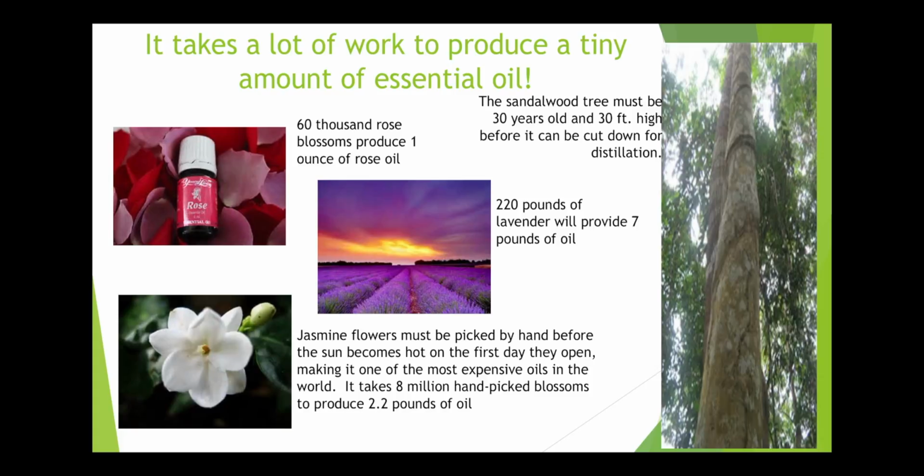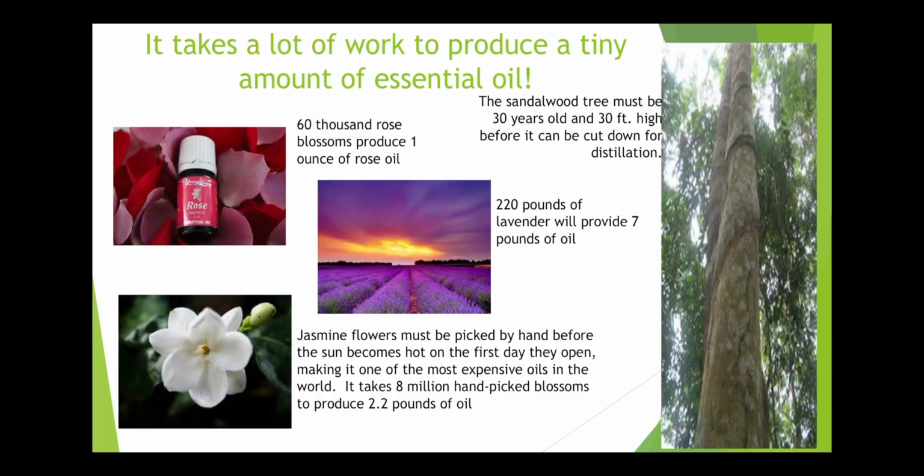60,000 rose blossoms are needed to produce 1 ounce of rose oil. I love the smell of sandalwood, but the sandalwood tree has to be 30 years old, 30 feet high before they can even cut it down for distillation. This is my favorite, the jasmine flowers. Jasmine flowers must be picked by hand before the sun becomes hot on the very first day that they open.